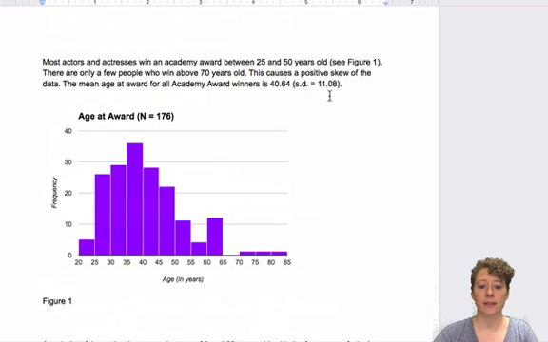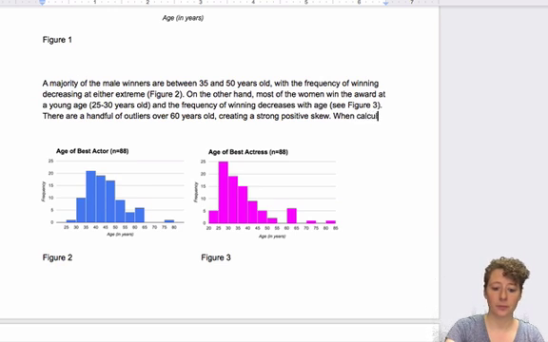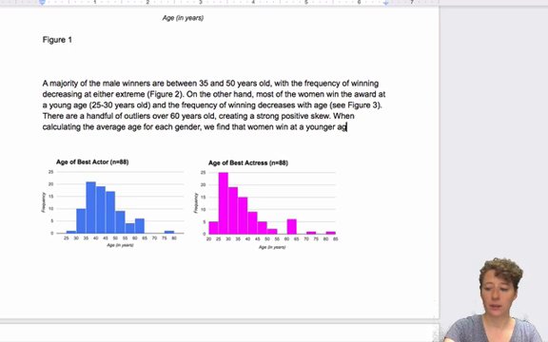Okay, and let's write a sentence about the men and women individually. So when calculating the average, you can use average or mean, age for each gender, we find that women win at a younger age than men.